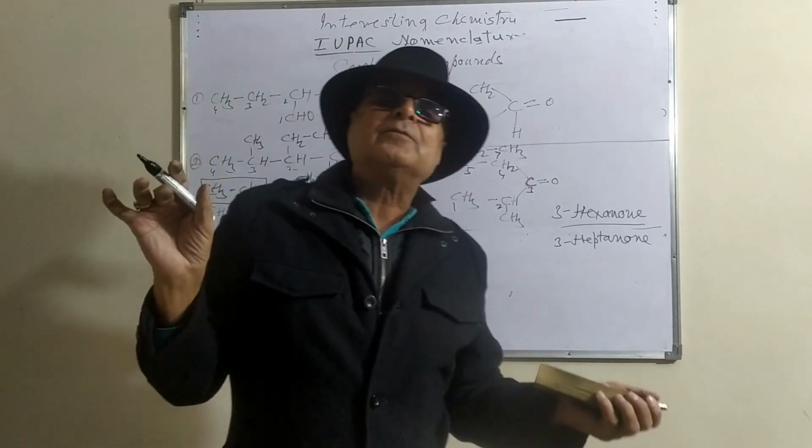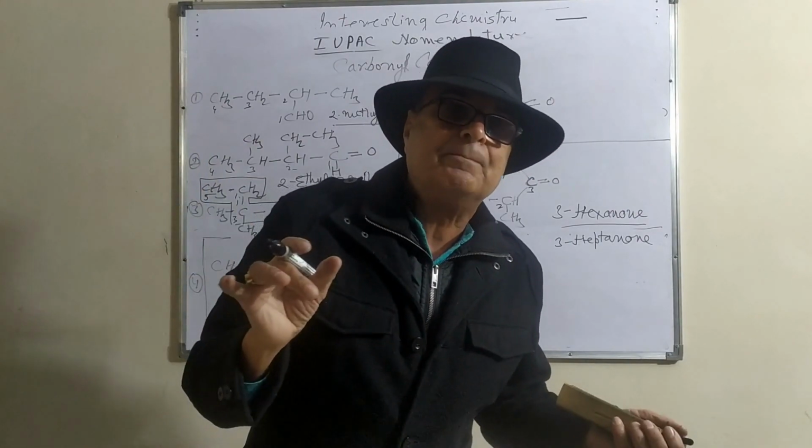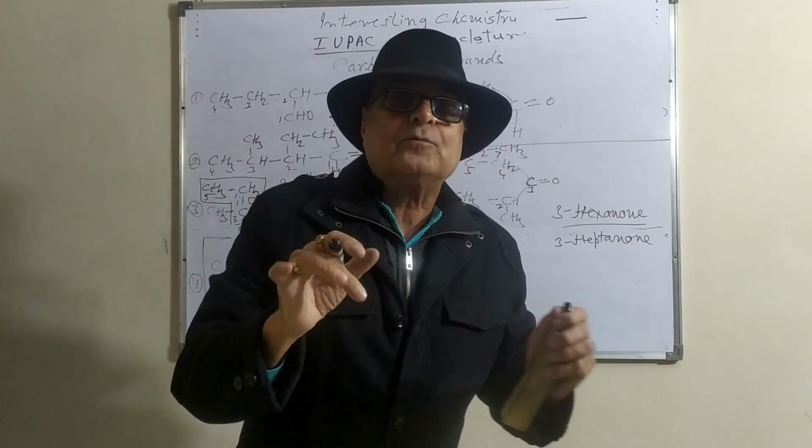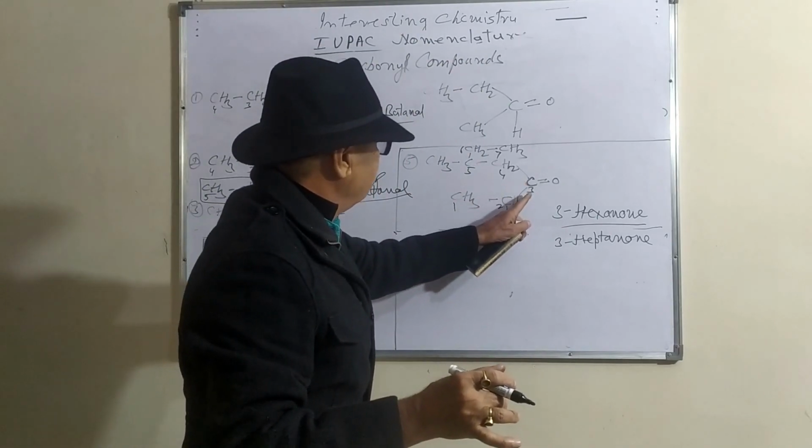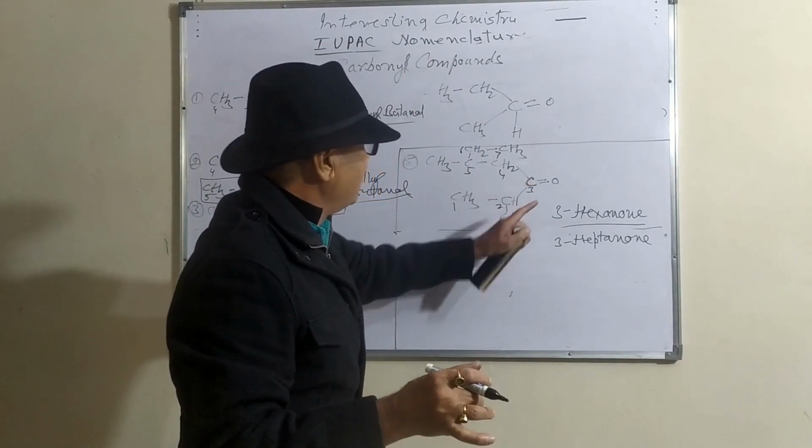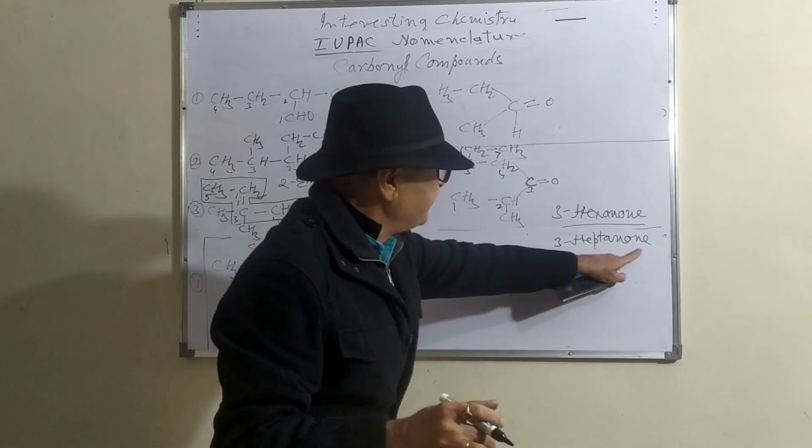There are 7 carbon atoms in the longest chain of this compound, with the carbonyl group on the third carbon. So it is 3-heptanone.